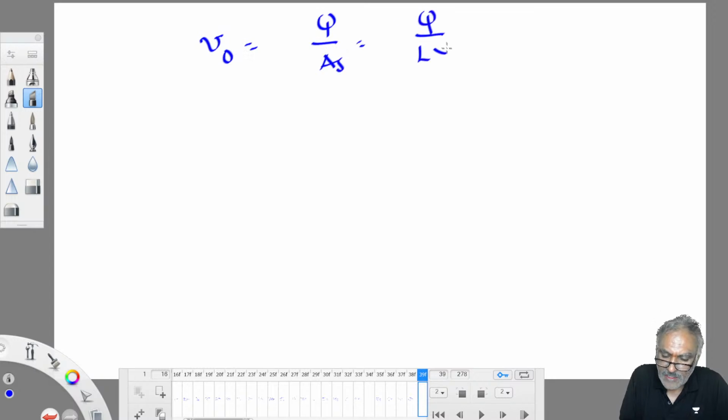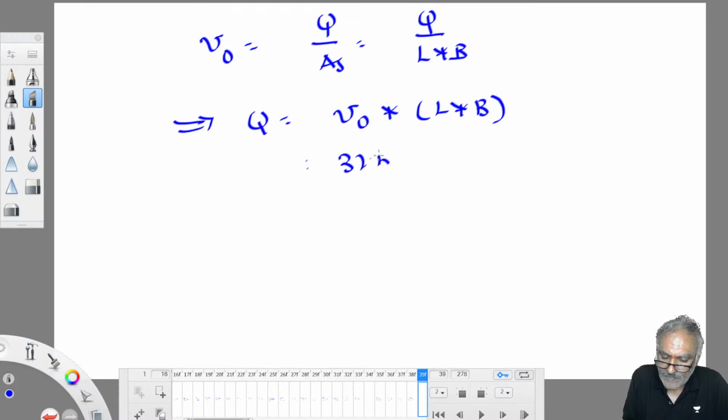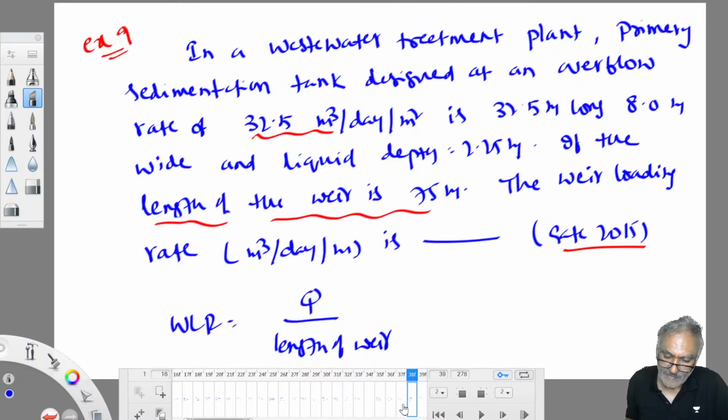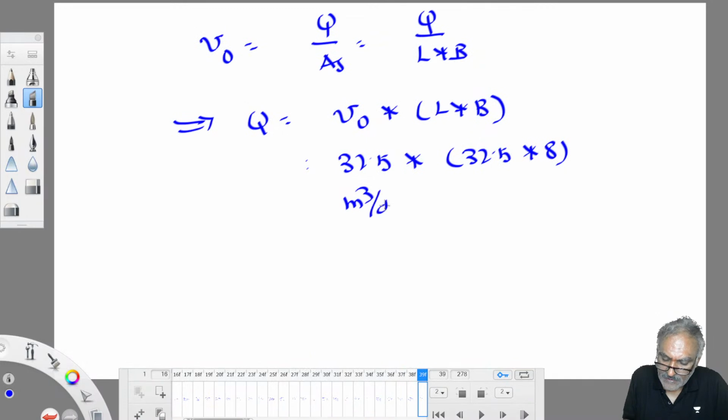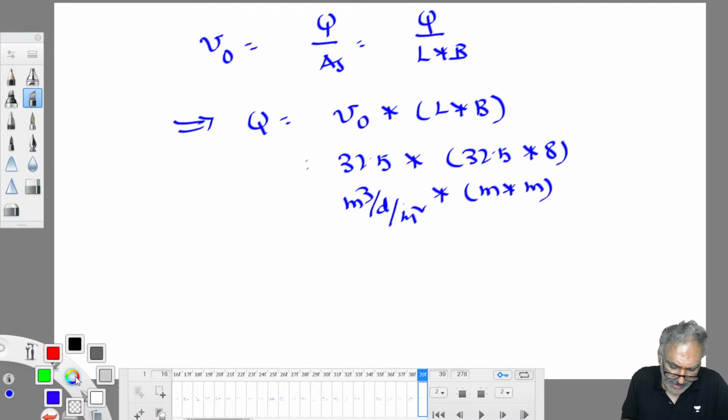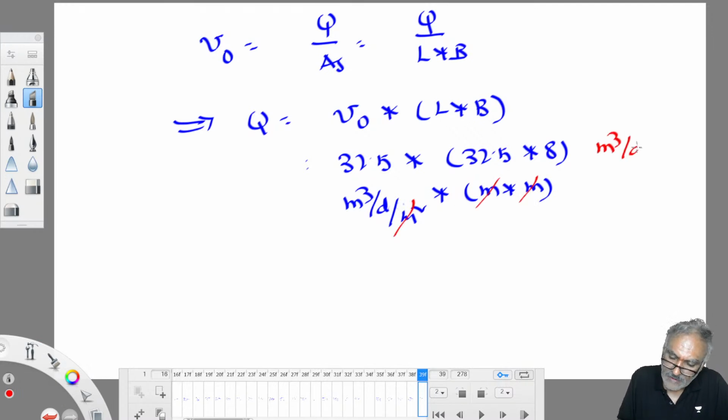What is surface area? L into B. Therefore from this you can write Q is equal to V naught into L into B. So V naught is given as 32.5, length also 32.5, width is 8 meters. This is meter cube per day per meter square into meter, so this meter square cancels out. Then you are left with meter cube per day.